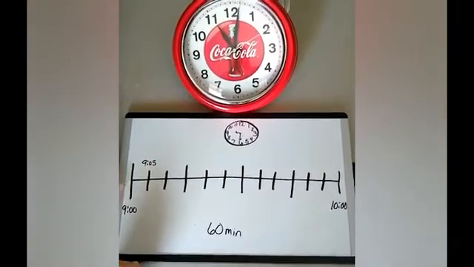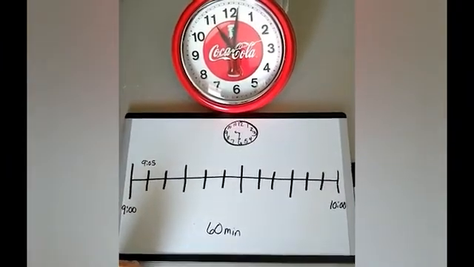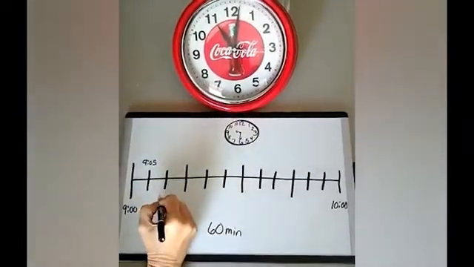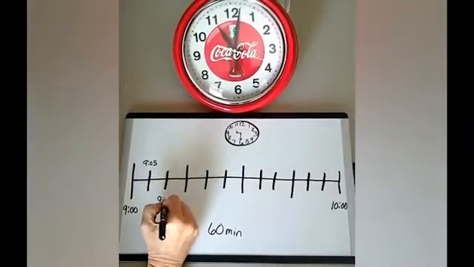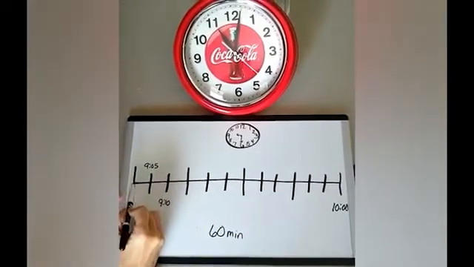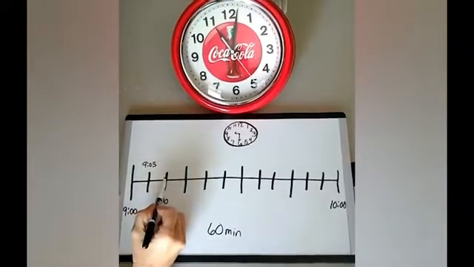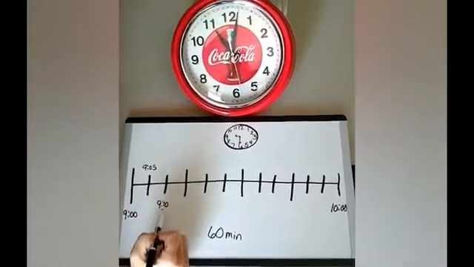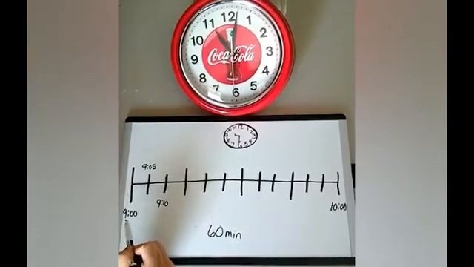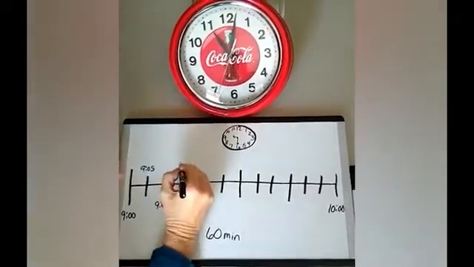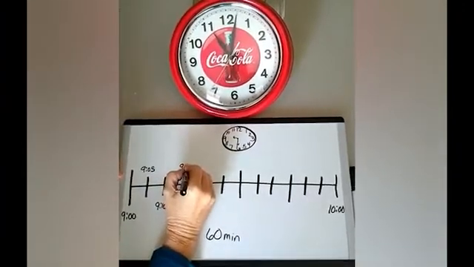So let's see, 9 o'clock, 9:05. My next time would be 9:10. So like this is the 0, and that's the 1, and there's the 2, and I know 2 on my clock is worth 10 minutes. There's the 3, 9:15.